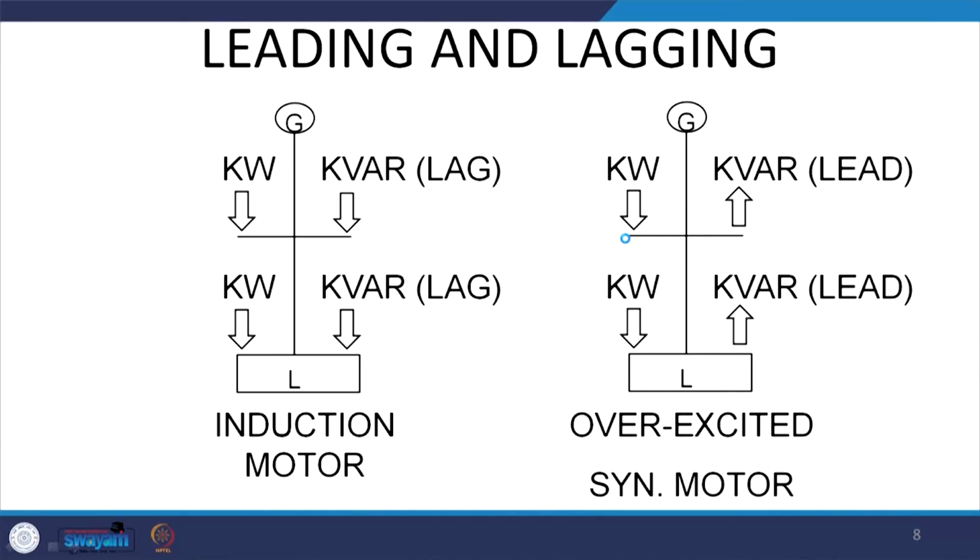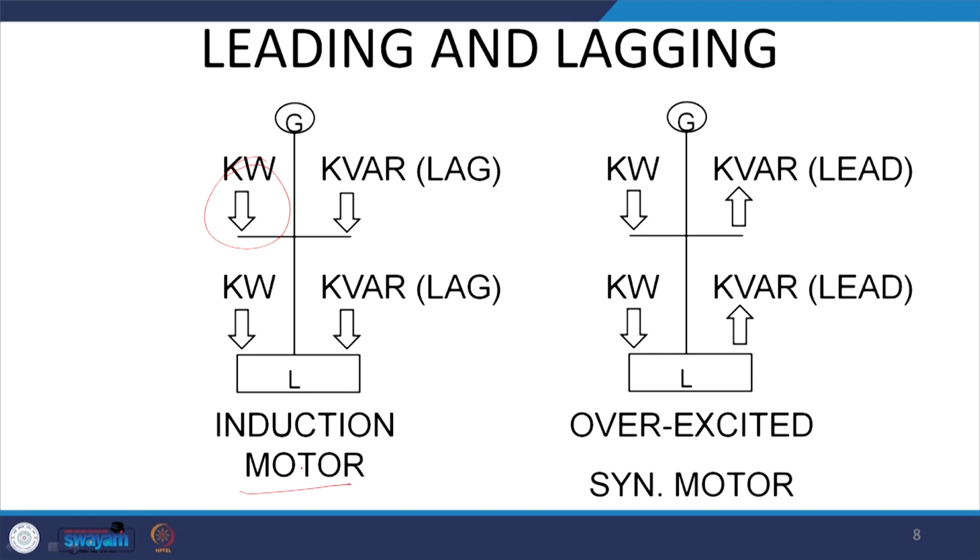So, for this reason we require to do something to improve the power factor, that is also an issue of power quality. So, this is the kilowatt, and ultimately if you have to supply the lagging power factor, that is the kilowatt and the kilowatt hour.